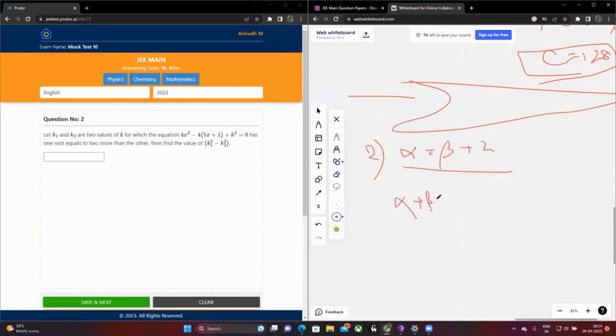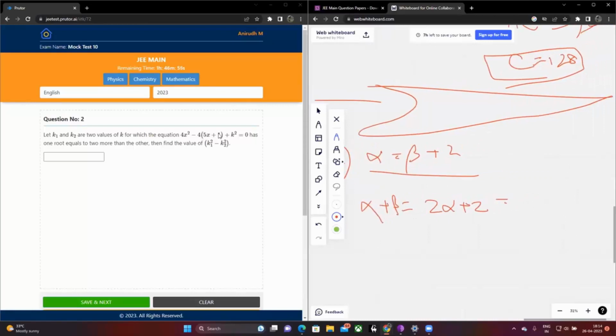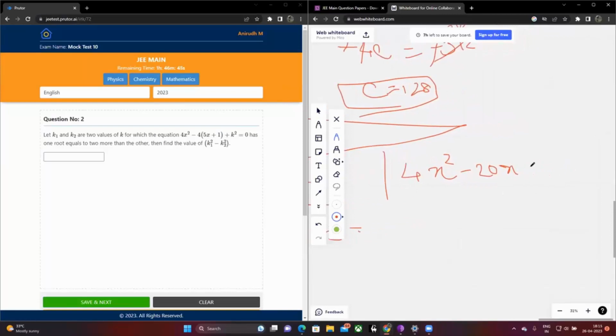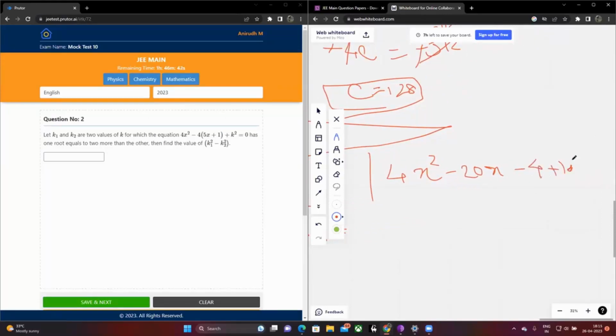So alpha plus beta is basically 2 beta plus 2, which is minus b by a. Minus b by a gives you, I'll rewrite this equation, 4x squared minus 20x minus 4 plus k squared is equal to 0, right?